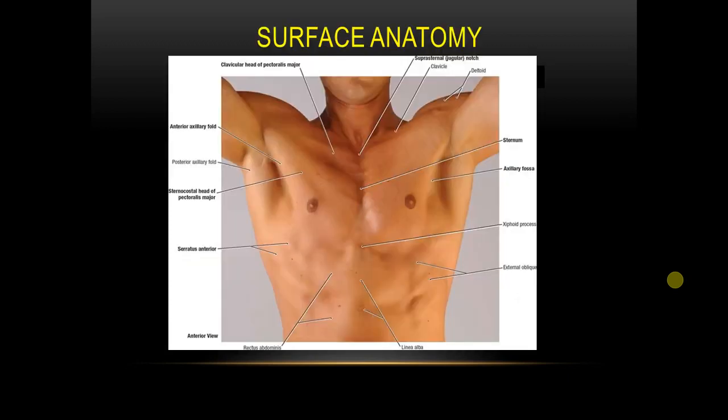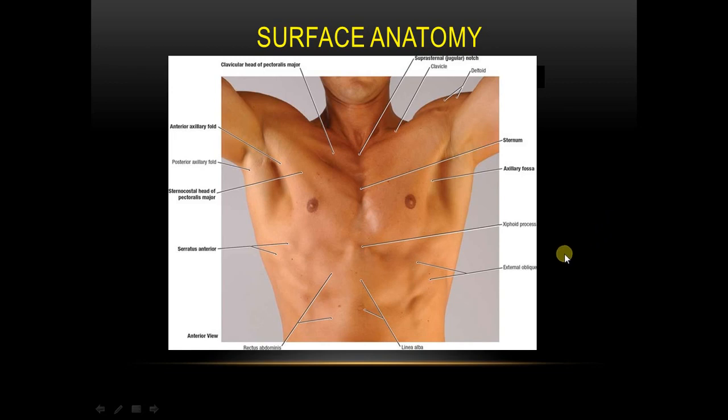Then of course one more interesting aspect of anatomy is surface anatomy. You will be able to appreciate the structures within our body on the surface itself. As an example, I have projected this picture for you.